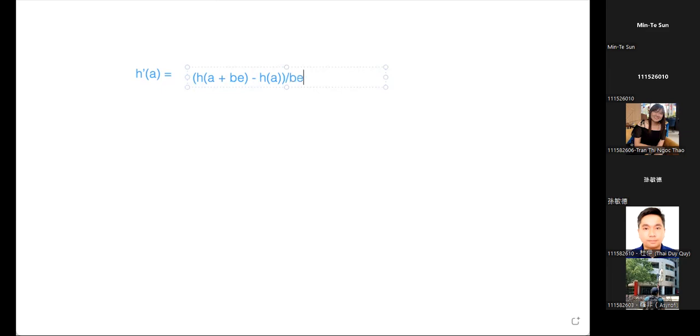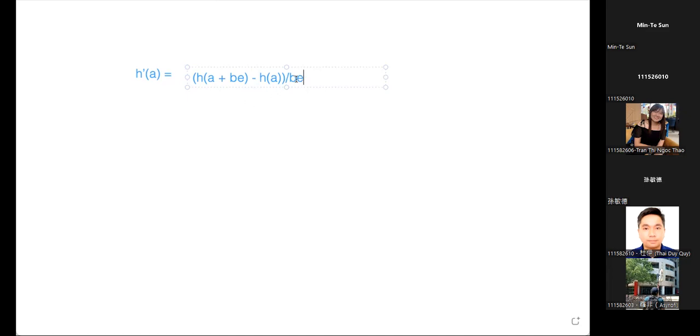This is obvious, right? H prime of A equals H of A plus B epsilon minus H of A, divided by B epsilon. This E is epsilon, sorry, I cannot type epsilon easily, so just use E as epsilon. According to the limit theorem, the derivative is just like the right hand side, because remember the epsilon is a very small value.